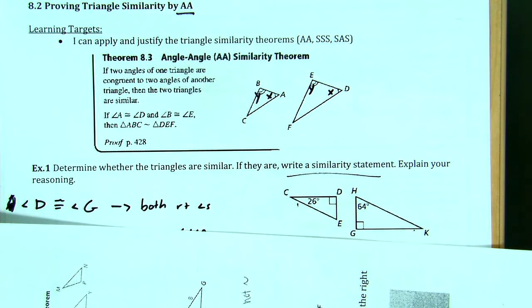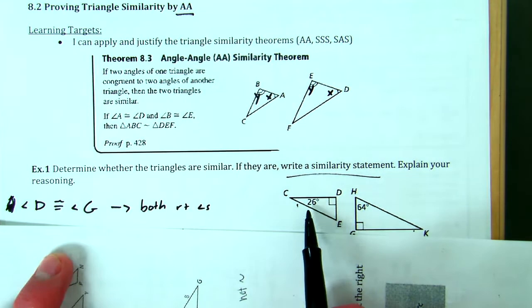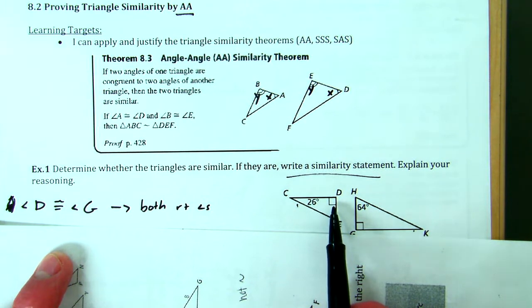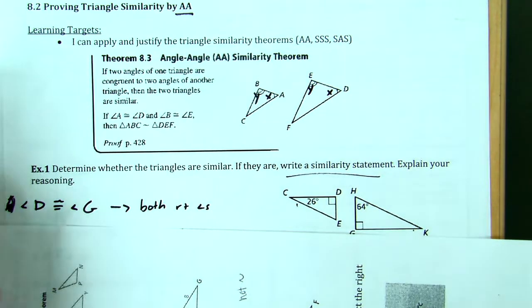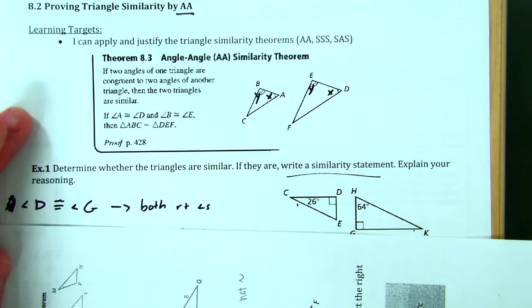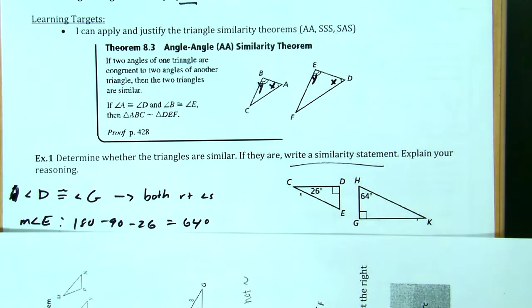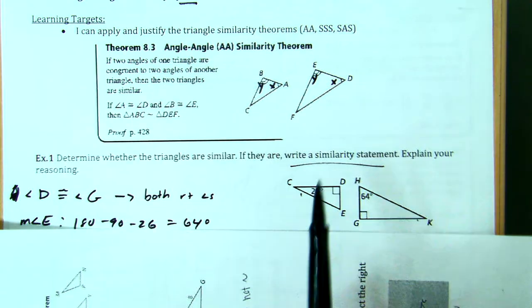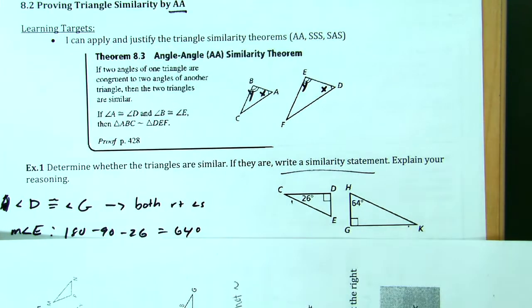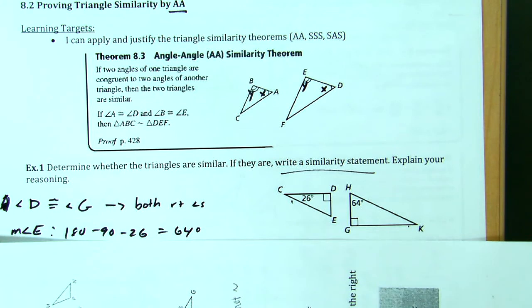If we can just show one more pair of angles congruent, then we're done. We don't have anything labeled as congruent, so what I'm going to first try to figure out is, well, if I know this is 26 and I know this is 90, I can actually figure out angle E. How can I figure out angle E? Well, since there's 180 degrees in a triangle, I can just take that 180, subtract 90, subtract this 26, and what I'm left with is 64 degrees.